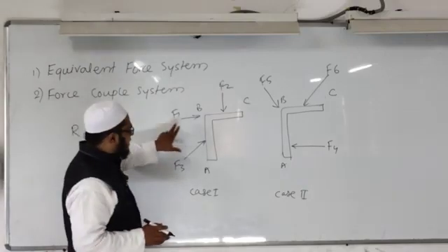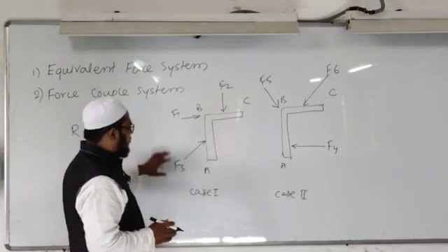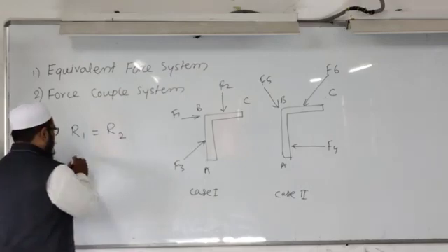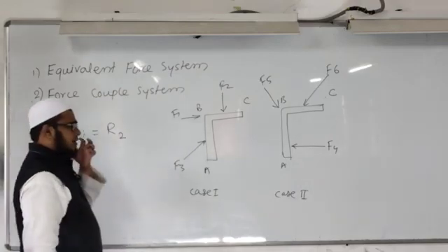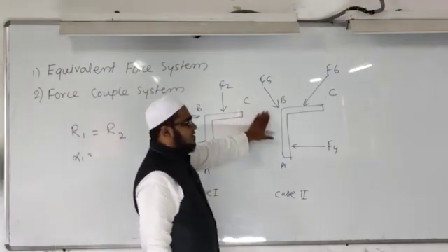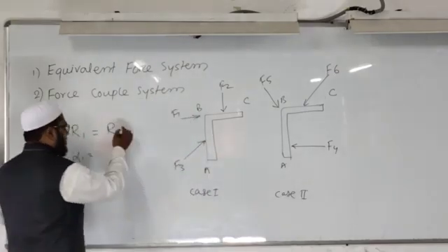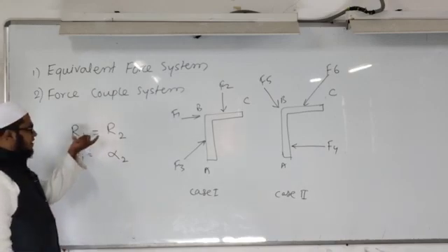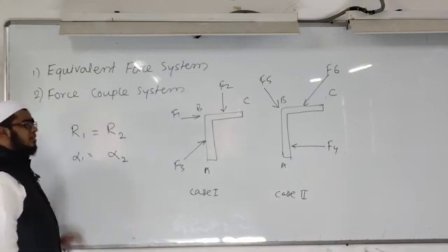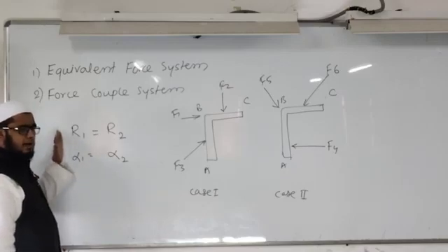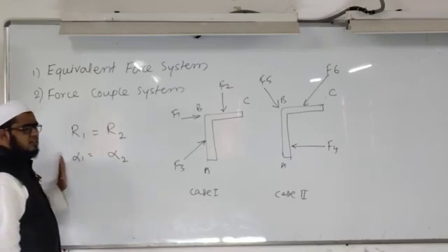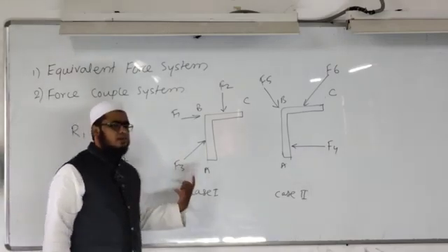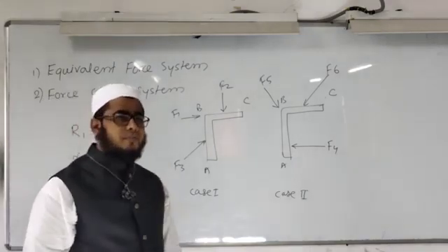If we calculate the resultant of the first force system, assume it is R1 and its direction is alpha 1, and we calculate the resultant for case 2, assume the resultant is R2 and direction is alpha 2. When the magnitude and direction of the resultant are the same, then we will consider both force systems equivalent to each other.